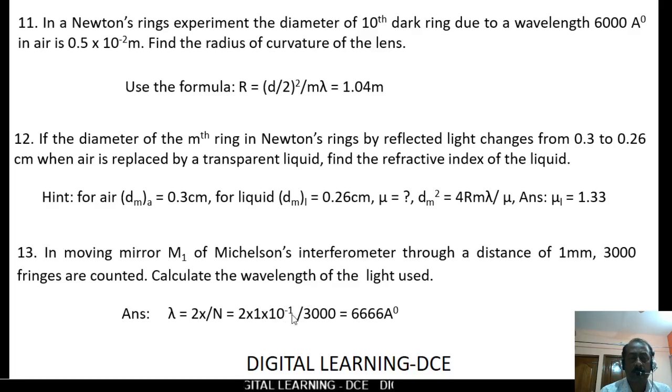It is not 10 raised to minus 1, it is 10 raised to minus 3. So 2 into 1 into 10 raised to minus 3 divided by n. N is the number of fringes counted, that is 3000. On further calculation, you got 6666 angstrom. This is the final answer. It is a very simple problem based on Michelson interferometer.